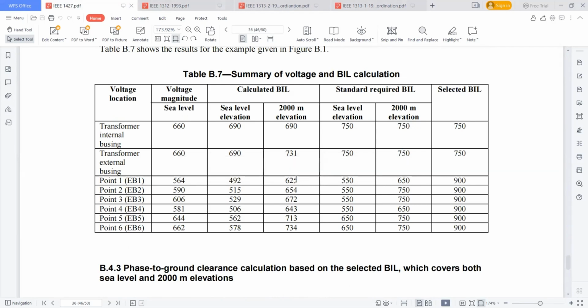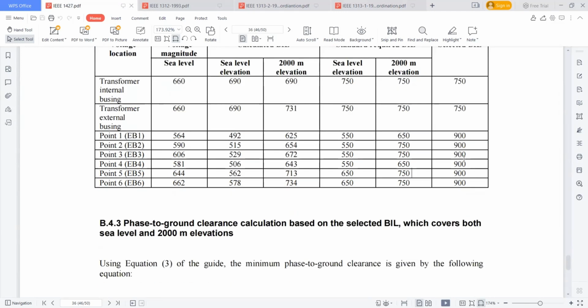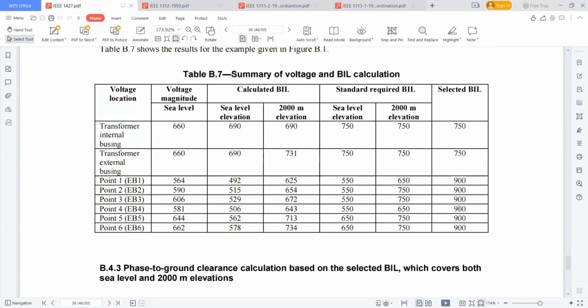Then, by taking some margin, because a 15% margin is set, I am selecting nearly 900 BIL for my application. So 900 is the BIL level of my substation.